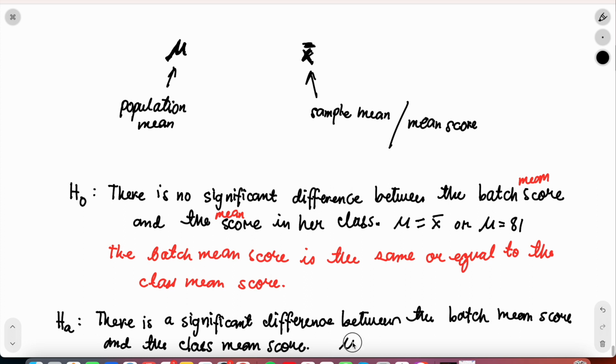Or in other words, mu is not equal to x bar, or mu is not equal to 81. Another way of saying this is the batch mean score is not the same or not equal to the class mean score. That is also correct. Okay?